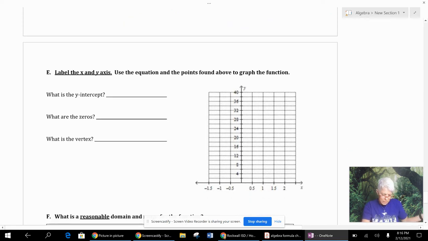Okay, now let's move on to this graph. So the x and the y are already labeled. We already know that this -0.5 was one place and 2.5 was the other place. We also know that the axis of symmetry was right here, and we know that 36 was the maximum point.